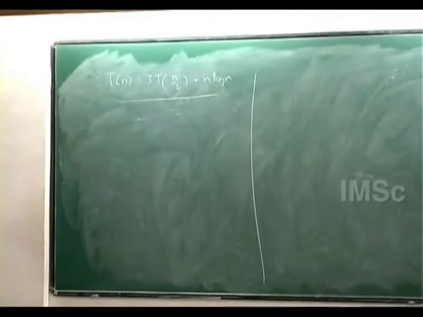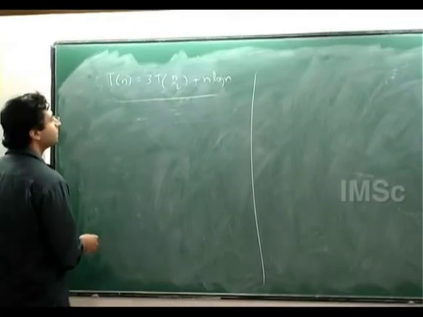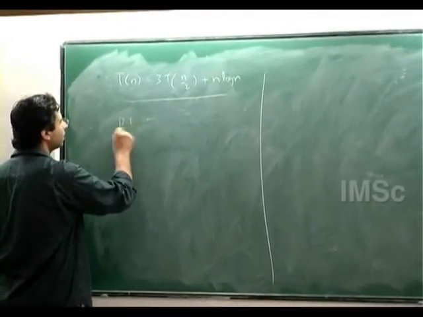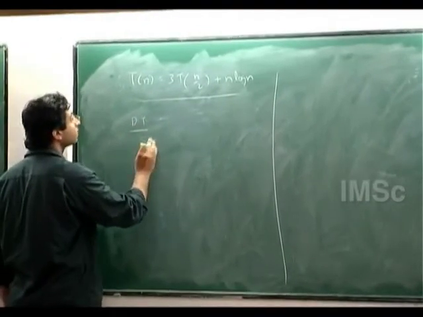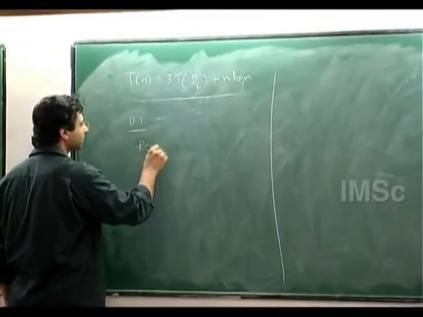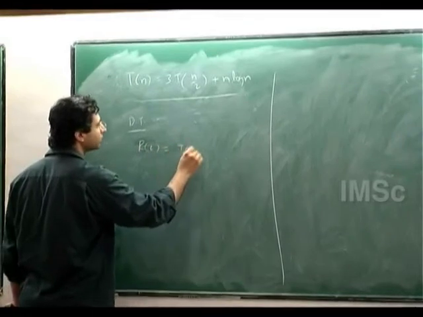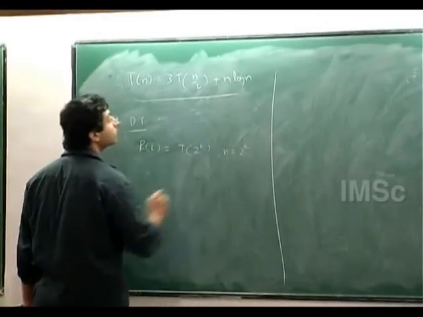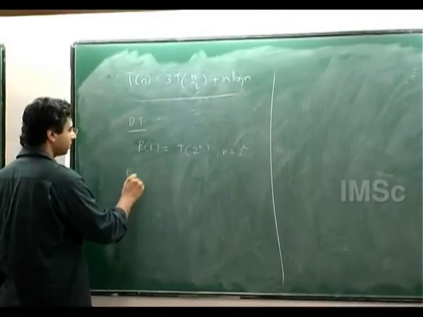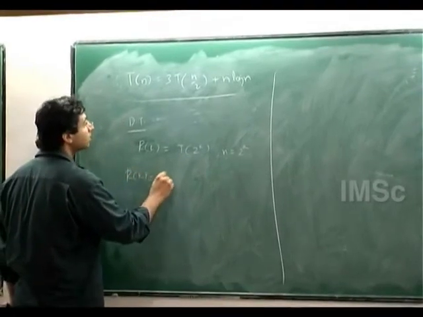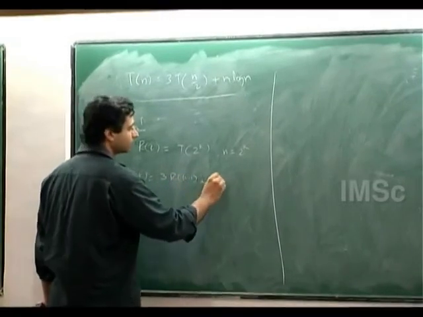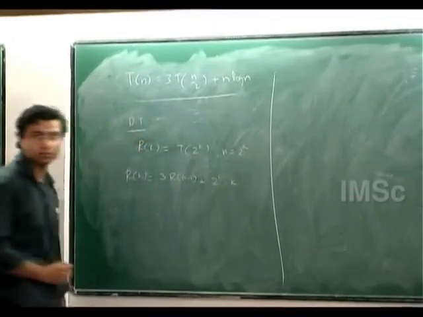I'll just stop after this. So what will I do? I'll substitute the domain transformation. First, I'll say R of k is defined as T of 2 raised to k, where n is some power of 2. So then my recurrence is R of k is 3 times R of k minus 1 plus 2 raised to k times k.